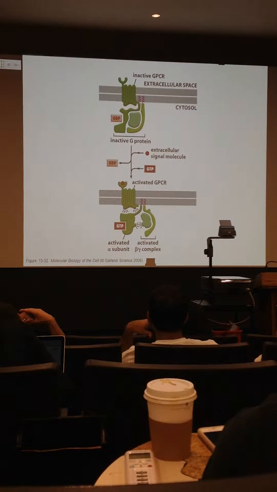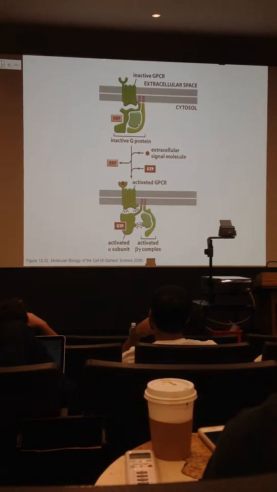So what ends up happening is that once that happens, so again, here we have our G protein coupled receptor. Here's our G protein. This G protein, unlike RAS, is heterotrimeric. So there are 3 subunits, an alpha subunit that binds to the nucleotide, and the beta gamma subunit.